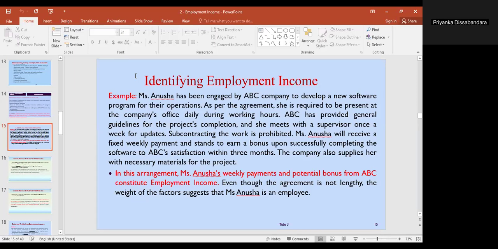Yes, it is a professional fee. If it is a professional fee, under which source do we categorize that income? Business income. If it is a professional fee, we have to categorize that income under business income, not employment. If that person is an independent service provider, that income should be categorized under business income.